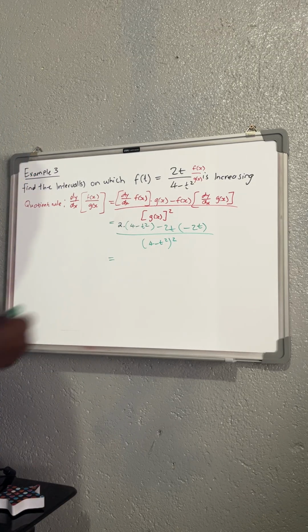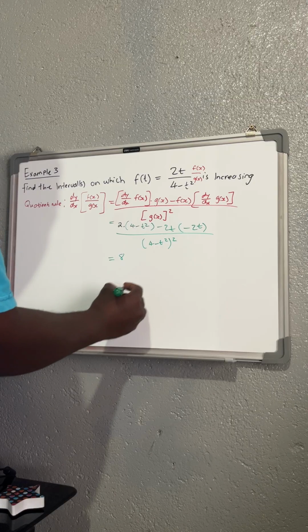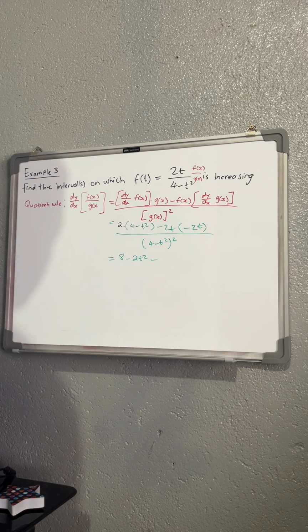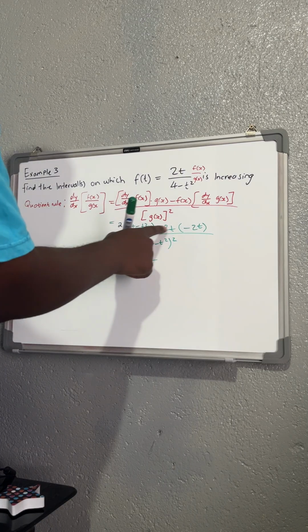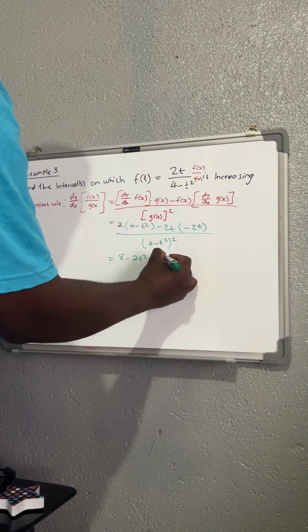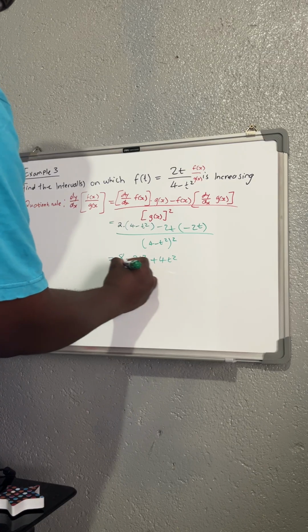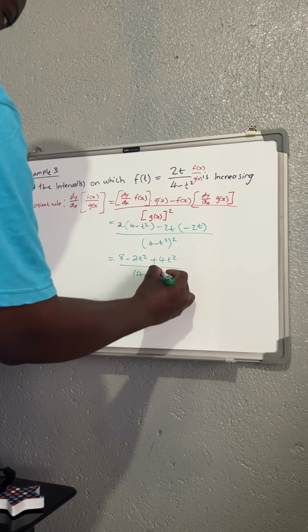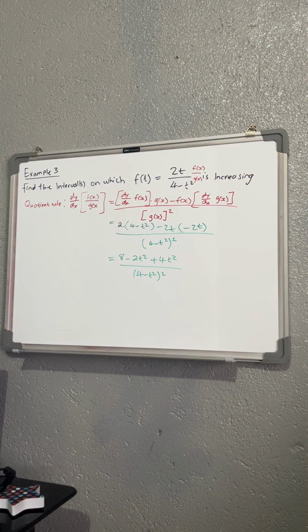So now we have to further simplify the top part, your 2 multiplied by 4. This is going to give us 8 minus 2t squared minus, no, it's not going to be minus but rather plus, a minus and a minus gives us plus 4t squared over 4 minus t squared all squared. So we can try also to regroup.